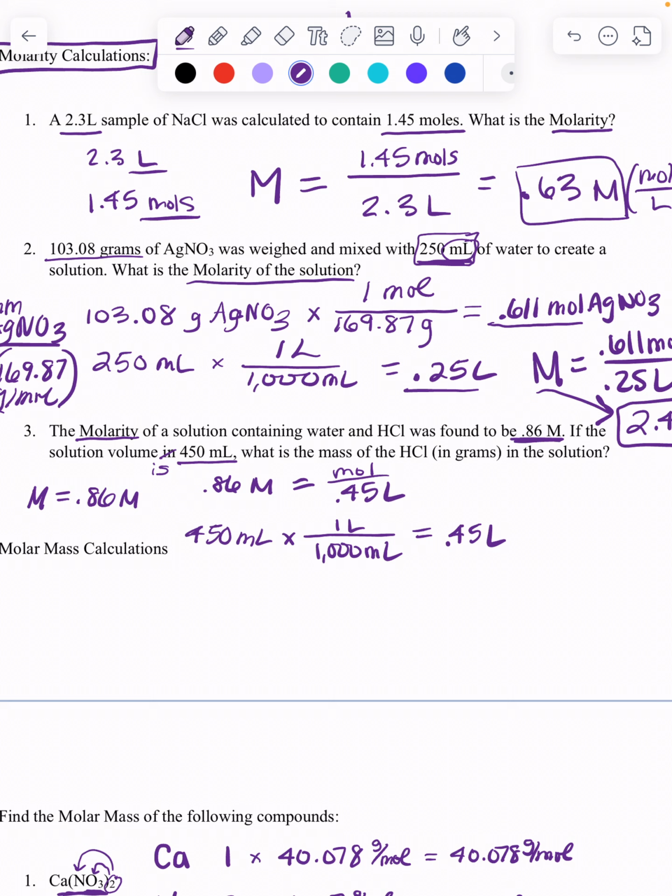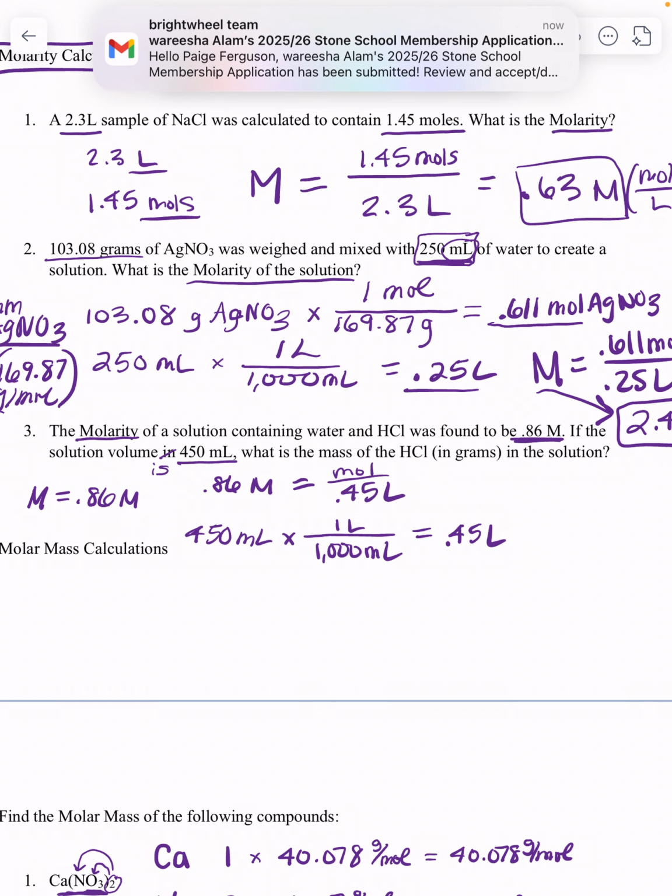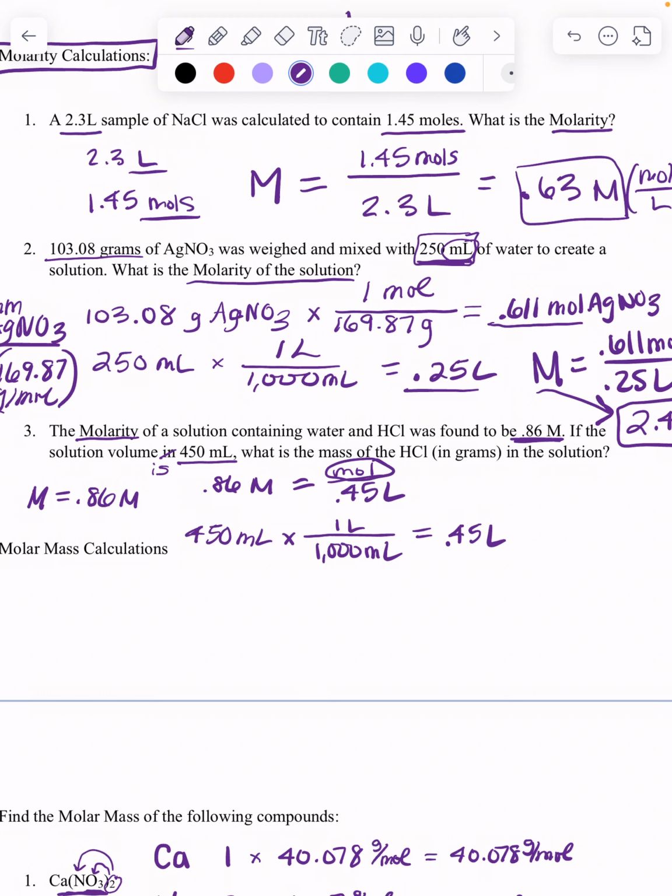Okay, so now all I really need to do is isolate my moles. In this sense, I think I'm going to go 0.86 moles per liter, which is molarity, and I'm going to multiply by 0.45 liters on both sides of the equation. If I multiply by 0.45 on this right side of the equation, it just cancels it out, so we can leave that alone.